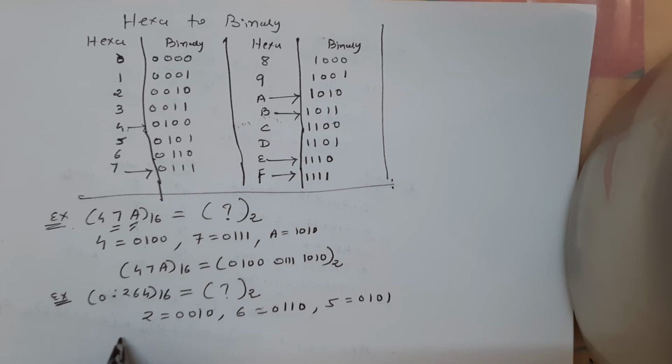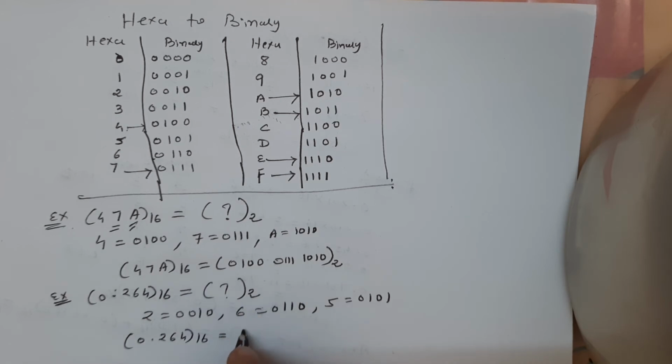So the answer is 0.264 hexa. It is equal to 0.001001100100 binary. These four, and these four, right?